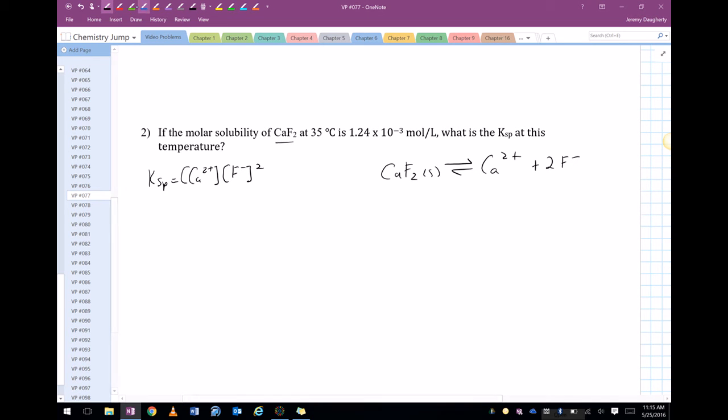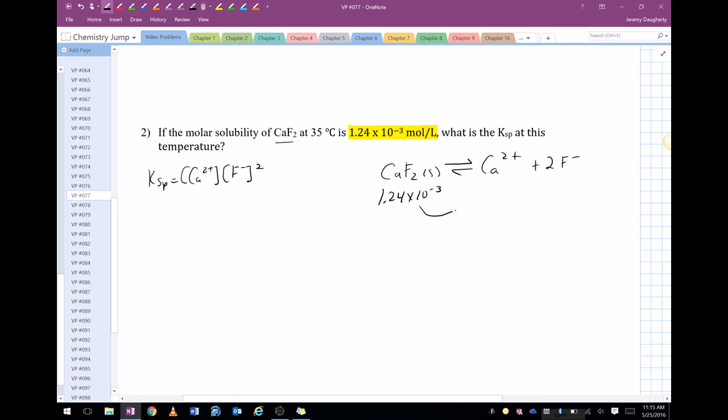Now they've given me what's called the molar solubility of calcium fluoride here. The molar solubility is how many moles are actually dissolved in 1 liter. So I can say that this value is 1.24 times 10 to the negative third, and that's the amount that actually dissolved, not the amount of solid, but the amount that's actually dissolved.